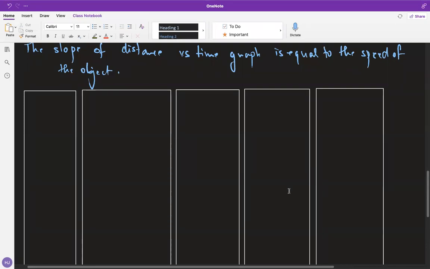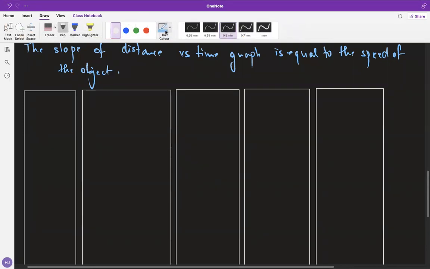Our first situation here is distance versus time. There are multiple possibilities of a graph, but we will stick to one sample to understand it. We are taking distance on the y-axis, time on the x-axis, and let's say the graph is as follows.